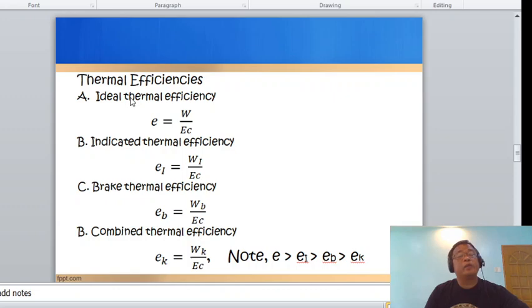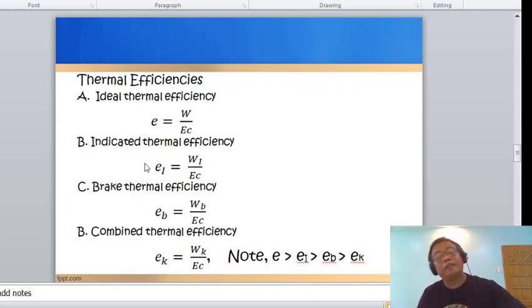Another, class, we have thermal efficiency. Ideal thermal efficiency is the ideal work divided by the energy chargeable. Indicated thermal efficiency is the indicated work divided by the energy chargeable. Brake thermal efficiency is the brake work over the energy chargeable. And the combined thermal efficiency is the combined work over the energy chargeable.